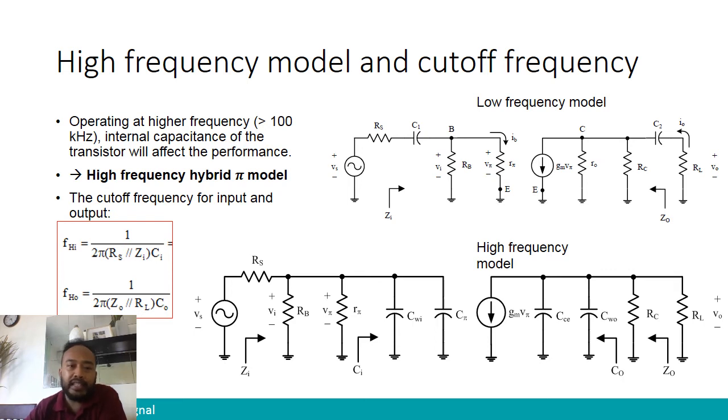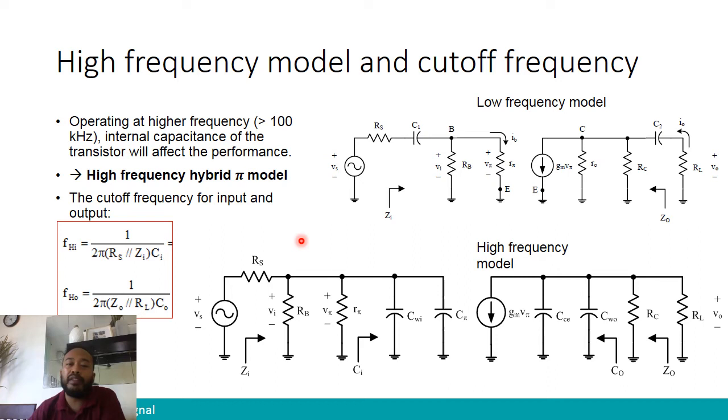So we have seen just now the equivalent model of an amplifier using BJT in small signal and low frequency. But what we define as low frequency, I haven't mentioned just now. What we define as low frequency is usually a frequency less than 100 kilohertz.